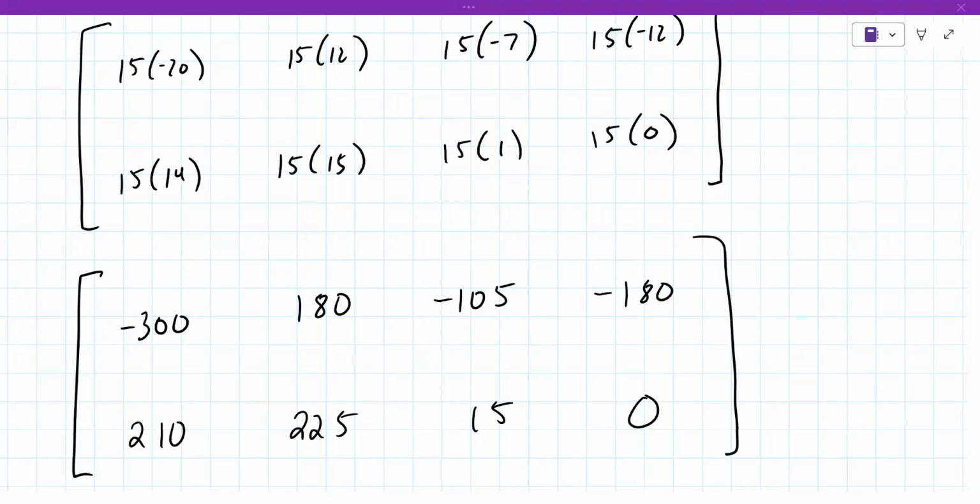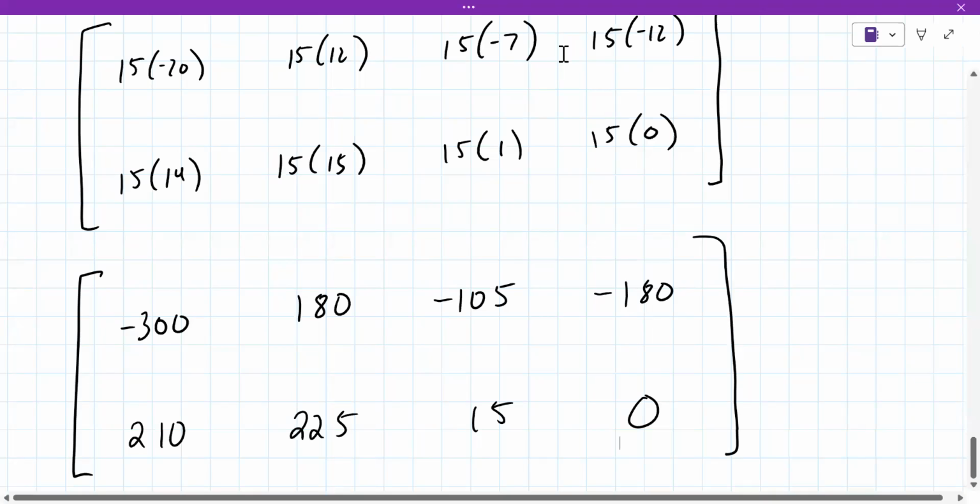The second one is positive 180. The third one's negative 105. Good. Keep going. The next one's negative 180. On the bottom row, it's 210, 225, 15, and 0.